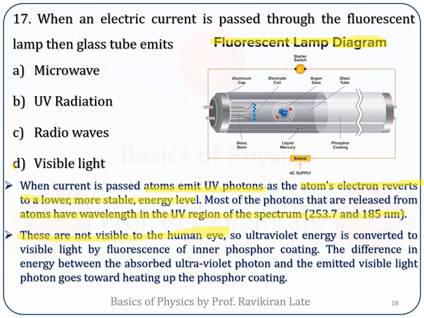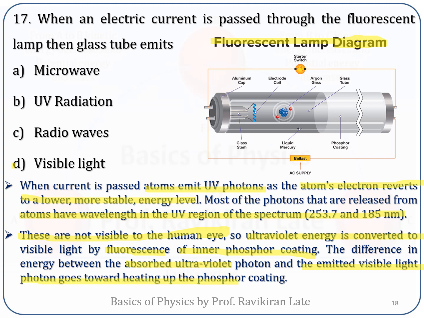So how are we getting the light from the fluorescent lamp which we use in our houses? The ultraviolet radiation emitted from this fluorescent lamp is made visible by the phenomenon of fluorescence. For that purpose, the inner surface of the tube is coated with a phosphor material, and the difference in energy between the absorbed ultraviolet photon and the emitted visible light goes towards heating the phosphor coating.